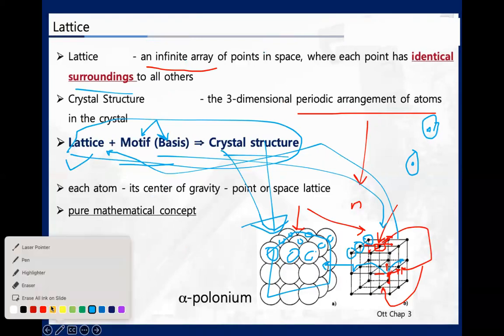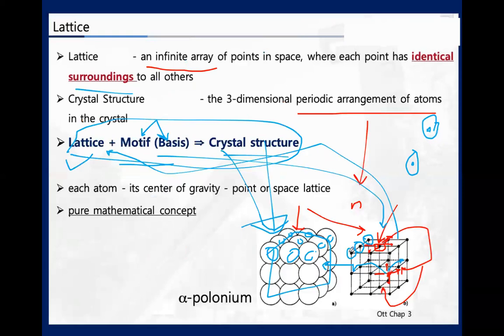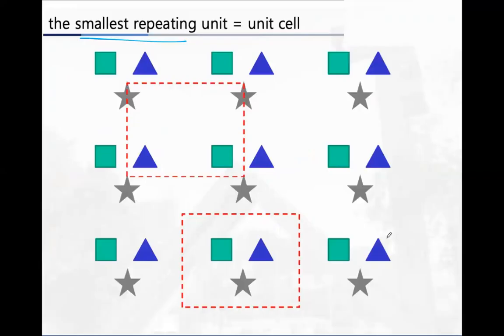If you take this as an example, you can have this unit as the repetition, because you see another unit is there, or you can have this small unit as the repetitive unit. So any crystal structure, not all, but some, may have several repetitive units, right?